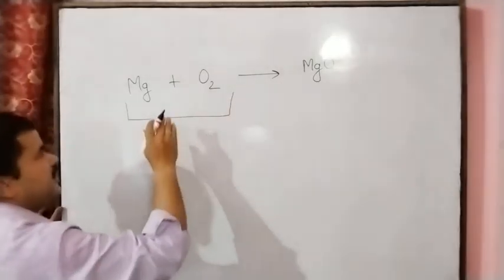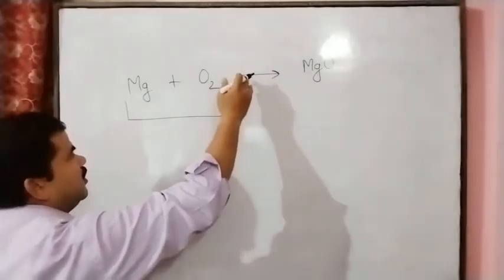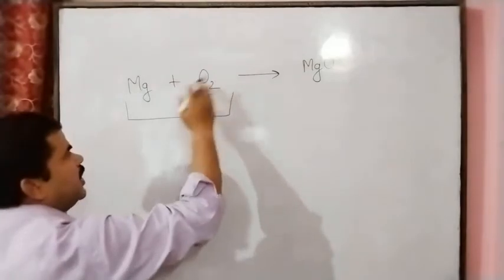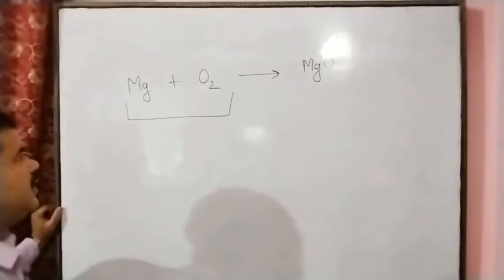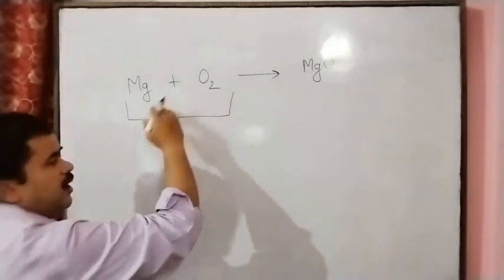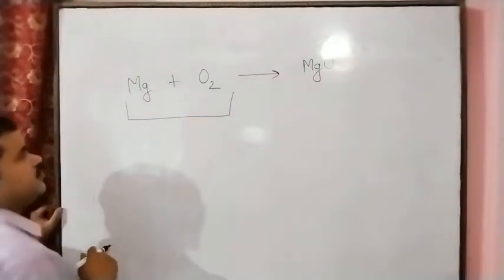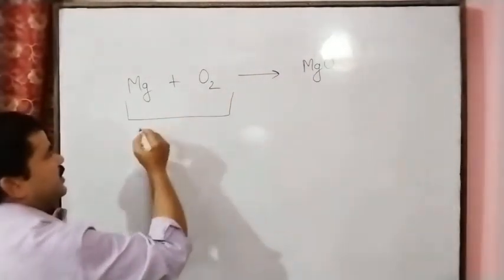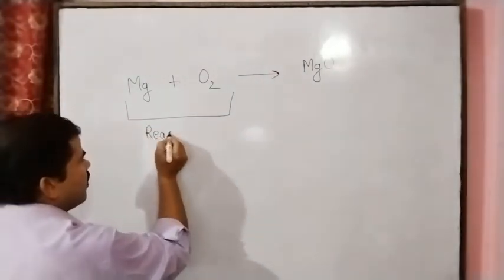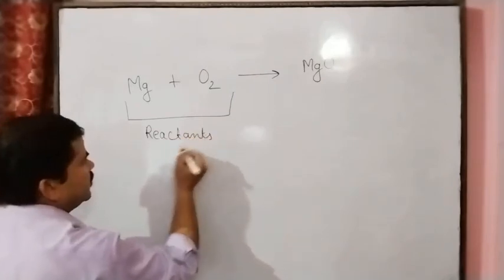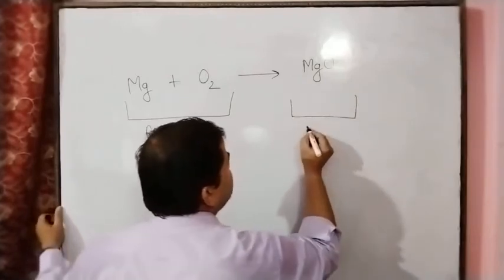We can also say reactants on the left-hand side and products on the right-hand side. Here the reactants are magnesium and oxygen, two reactants, and there is only one product, magnesium oxide.